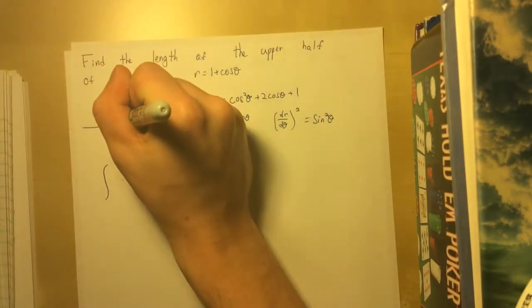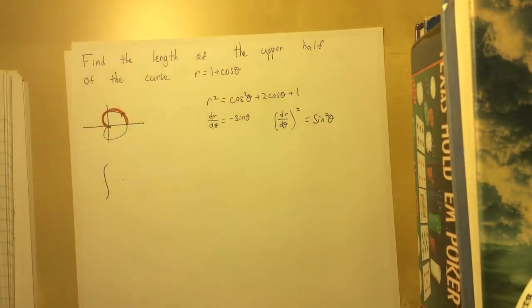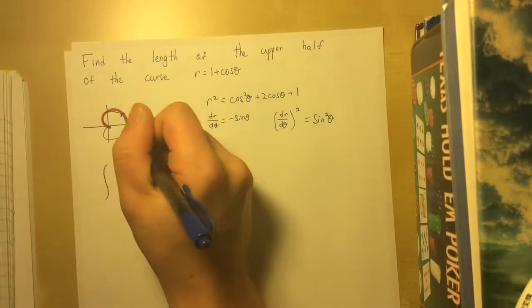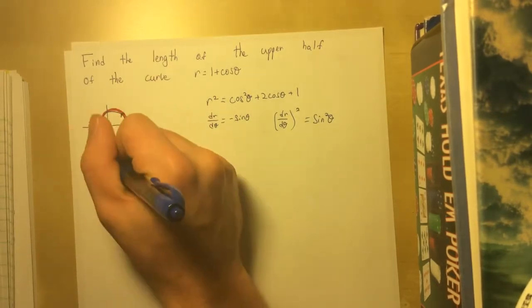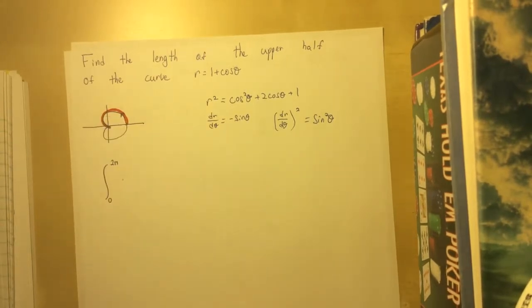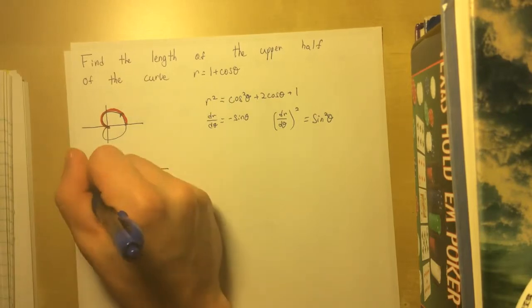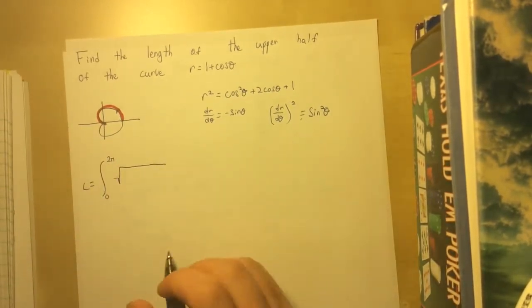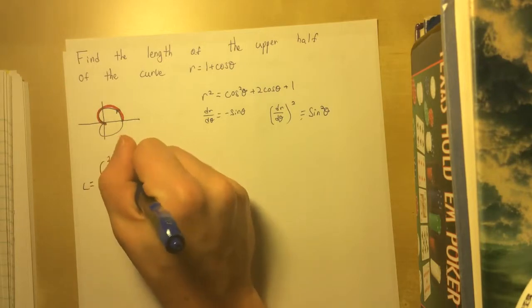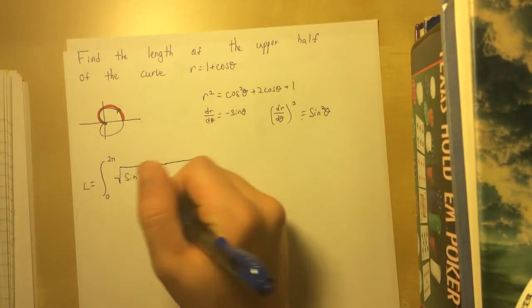We're looking for that length right there. So this starts at an angle of 0, goes all the way to an angle of 2 pi, and we have our square root of the derivative squared, which is sine squared theta, plus our r squared.